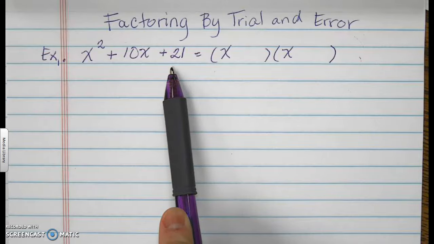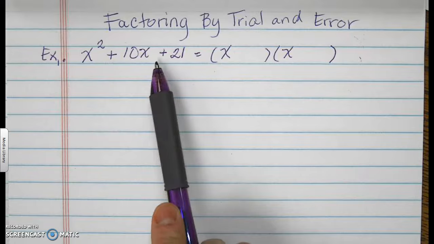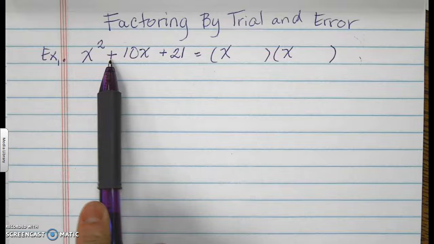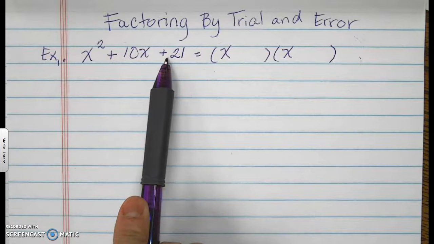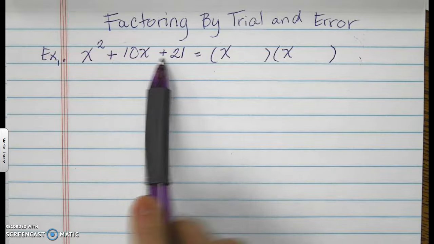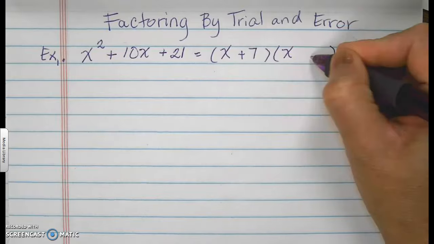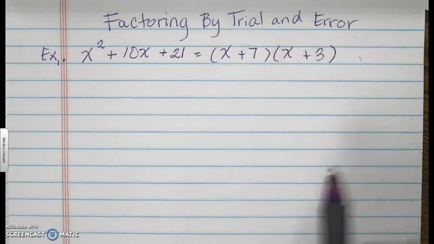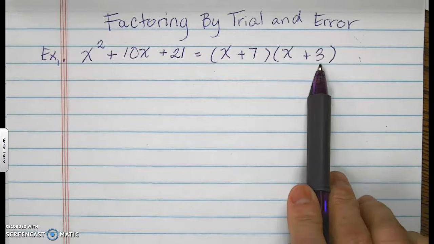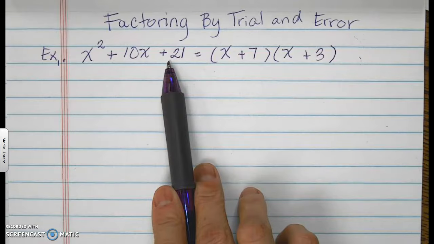Since that's positive and that's positive and that's a 10, I'm thinking it could be a positive 7 here and a positive 3 here. Positive 7 times positive 3 is positive 21, but I'm not sure yet until I do my middle term.